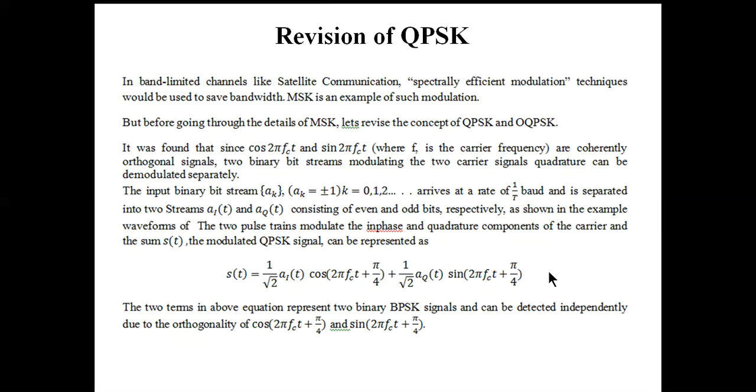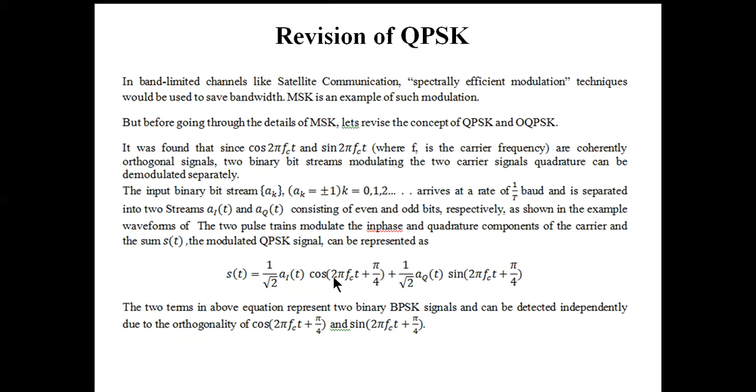This is basically the conventional formula. You can also neglect the pi by 4 term if you want to use conventional QPSK. You can see that the in-phase bit stream is multiplied by cos 2 pi fc t, and the quadrature bit stream, that means the odd bit stream, is multiplied by sin 2 pi fc t.